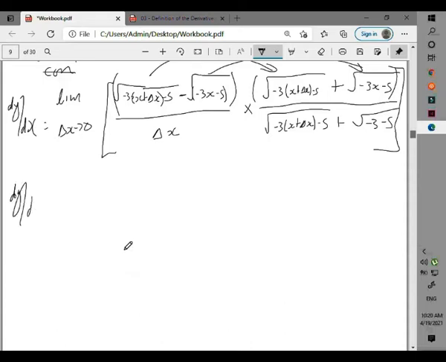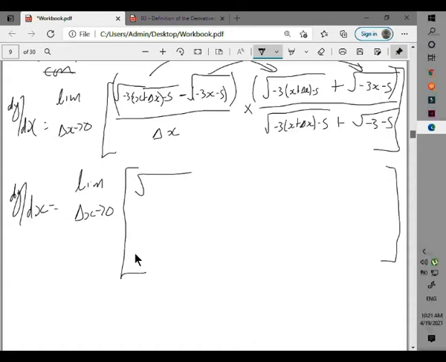So make this x better. dy upon dx is equal to the limit as delta x approaches 0. Alright, so if you apply what I just mentioned, your life looks very easy. So I just write back this that I have in front, which is going to be the root. Sorry, not a root, because I got rid of the root sign. Root sign is no more because it's squared.